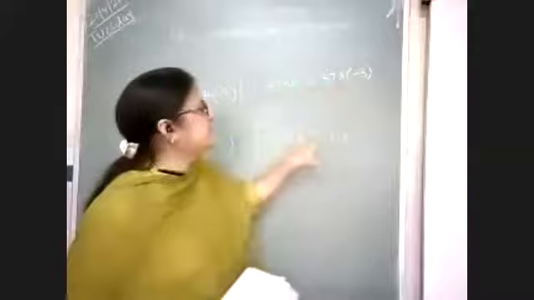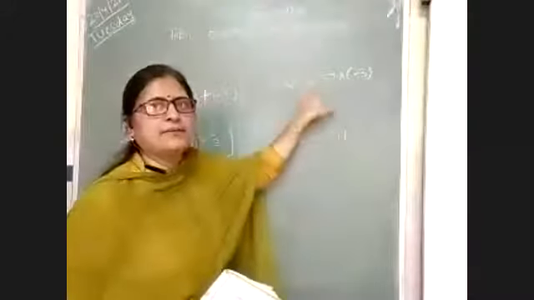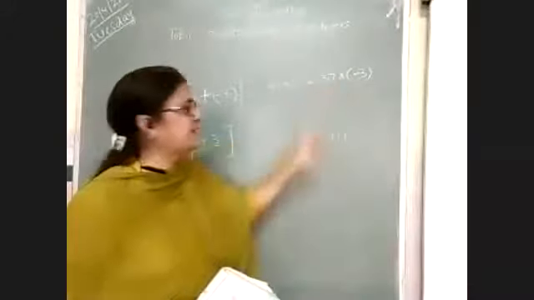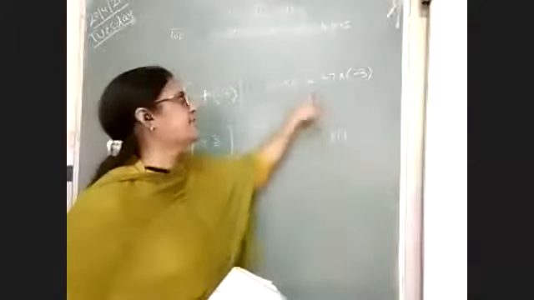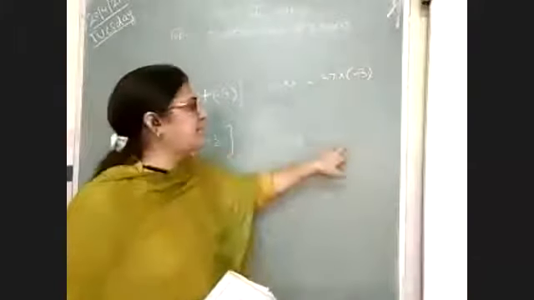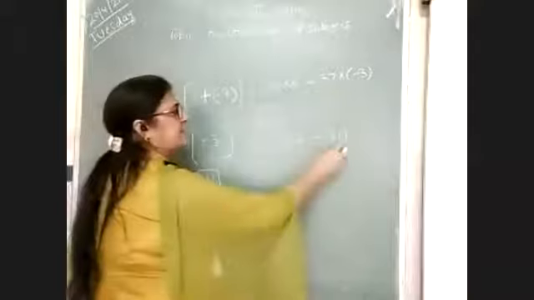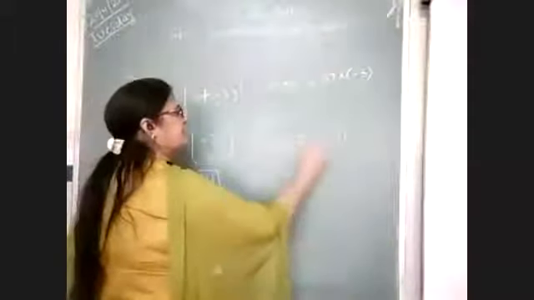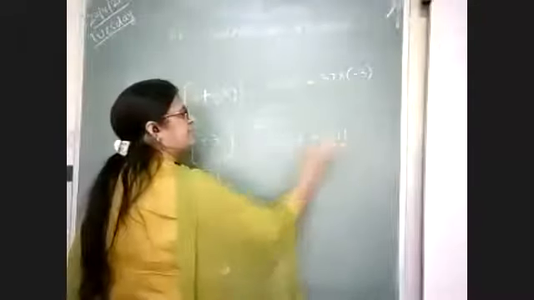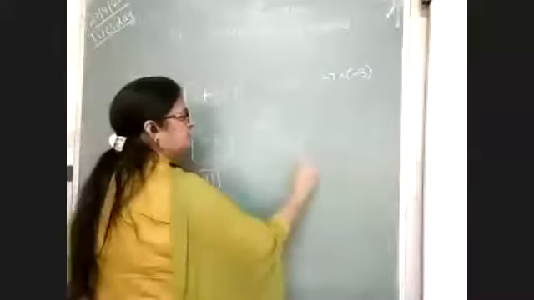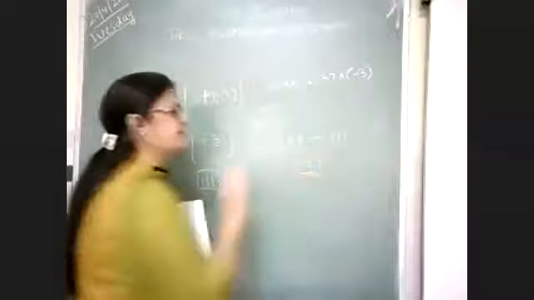And plus minus: when the positive is multiplied by the negative, the sign is negative. So 37 multiplied by 3 is 111. 111 subtracted from 222, the result is also 111.